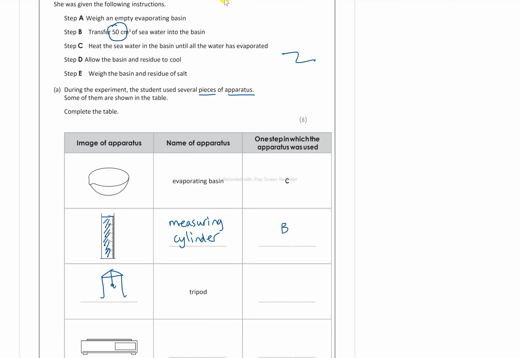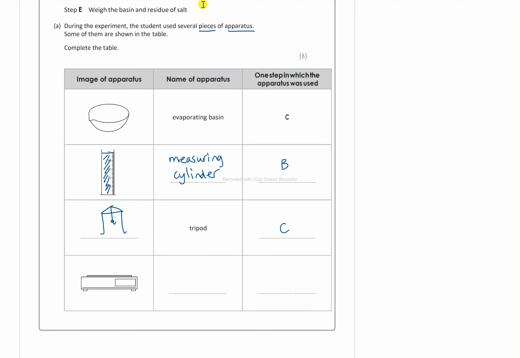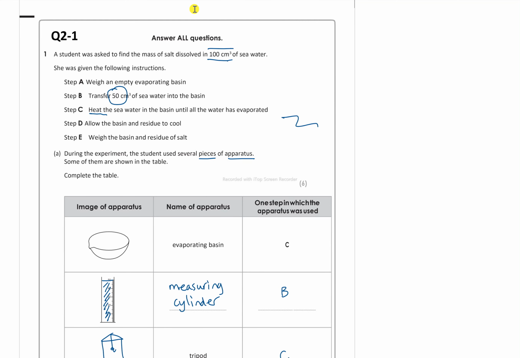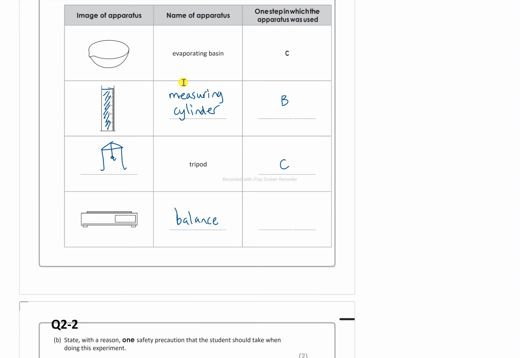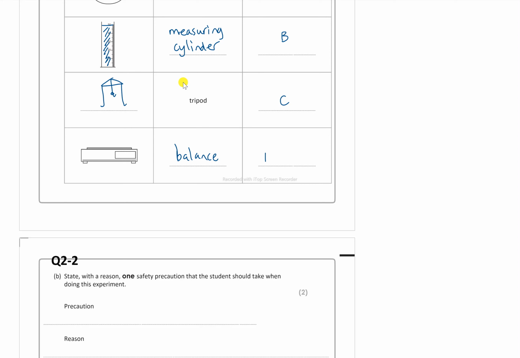Tripod, when you're heating it. That is a weighing scale or balance. A weighing scale, weighing machine, balance. And what was it used for? There's one, and there's one. Steps A and E. Or A or E, they'll accept either.